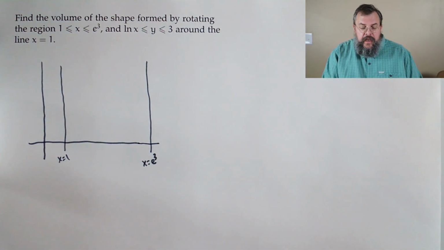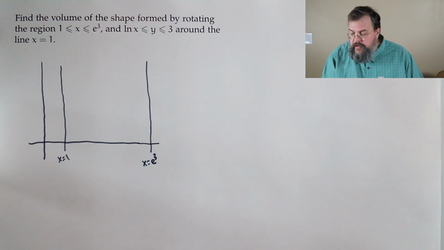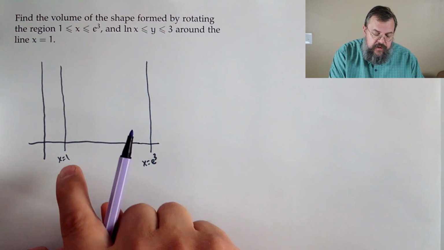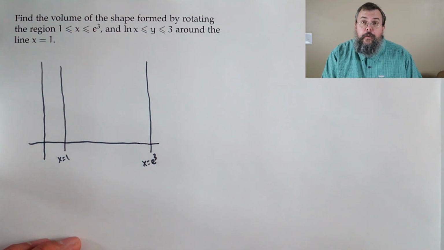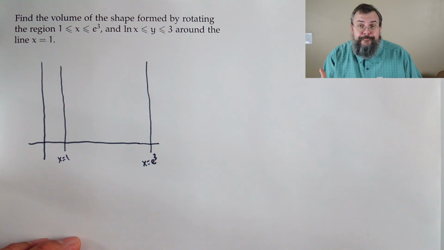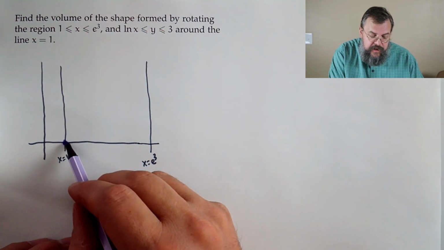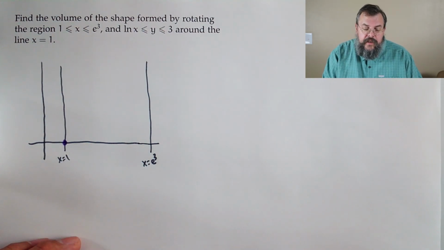Okay, good. Now, log of x. Well, probably we should think about what's happening. So let's think about what happens at 1 and e cubed. What's log of 1? Log of 1 is 0, so it's going to cross here. What's log of e cubed?